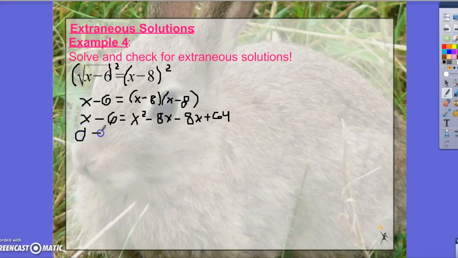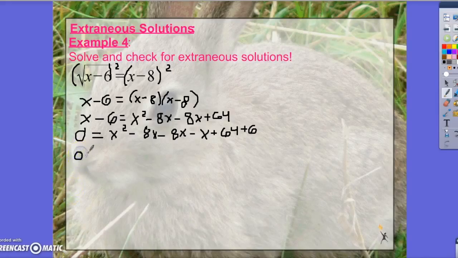And we'll bring everything over to the right. The x from here becomes negative x. Then I brought the negative 6 over to the right as a positive 6.